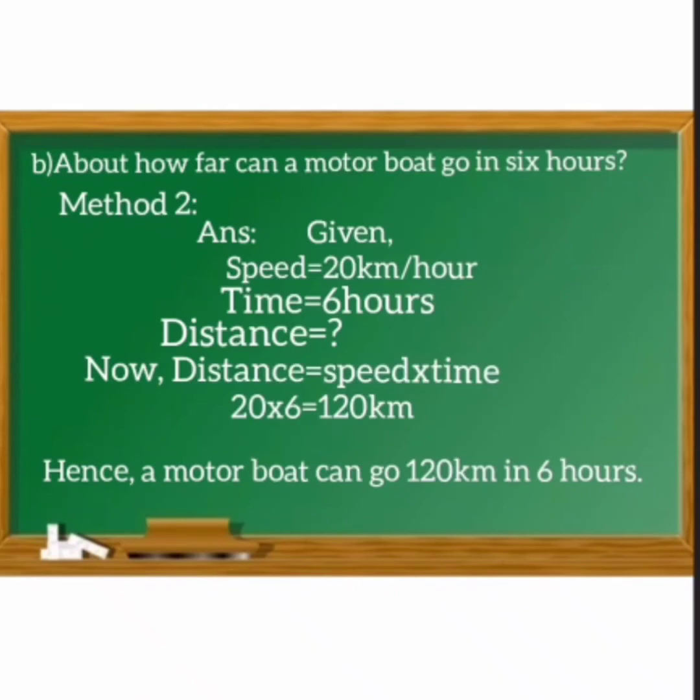Distance is equal to speed into time. So, speed is given, that is 20 km, and time is also given, that is 6 hours. So, distance is equal to speed into time, 20 into 6, that is 120 kilometer. Hence, a motorboat can go 120 kilometer in 6 hours.